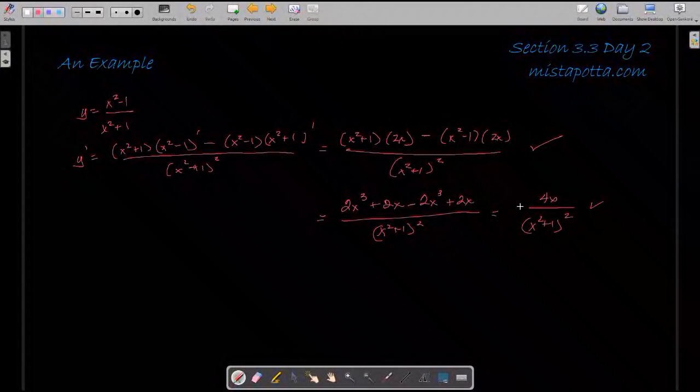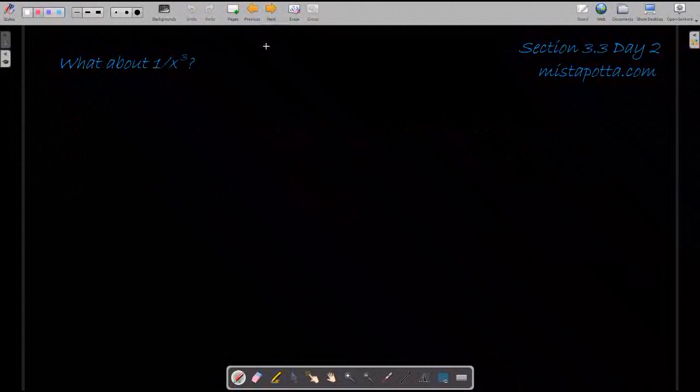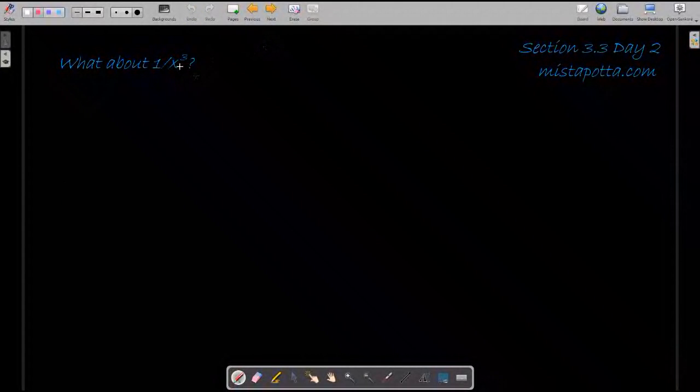I want to do another example of the quotient rule. Let's say I've got the function 1 over x cubed.